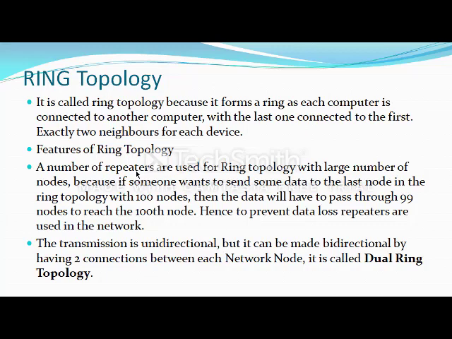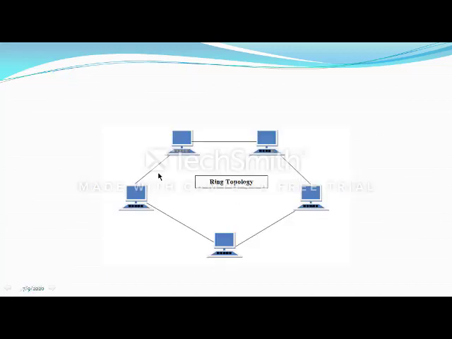The transmission is unidirectional, but it can be made bidirectional by having two connections between each network node. It is called dual ring topology. That means here, this is one cable. If you run the other cable in the opposite direction, this will become a dual ring topology. There will be two rings.